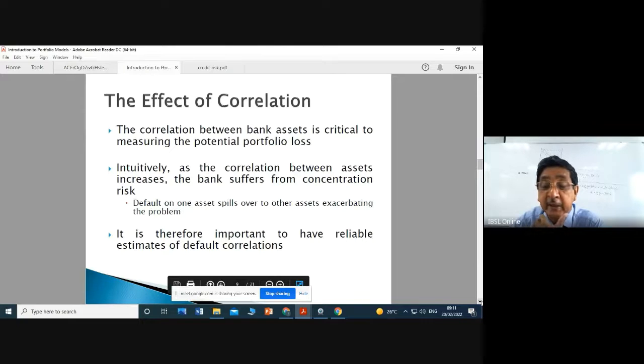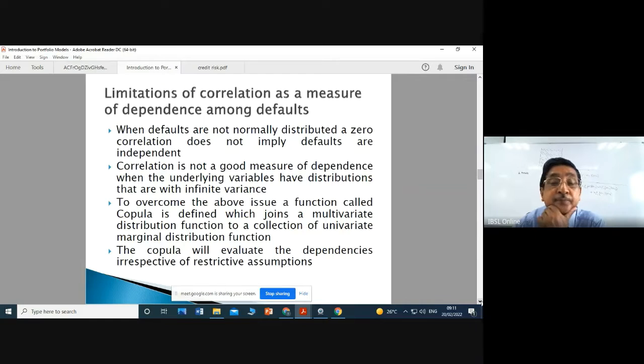Then it would be taken as the default correlation. Now, just look at this.